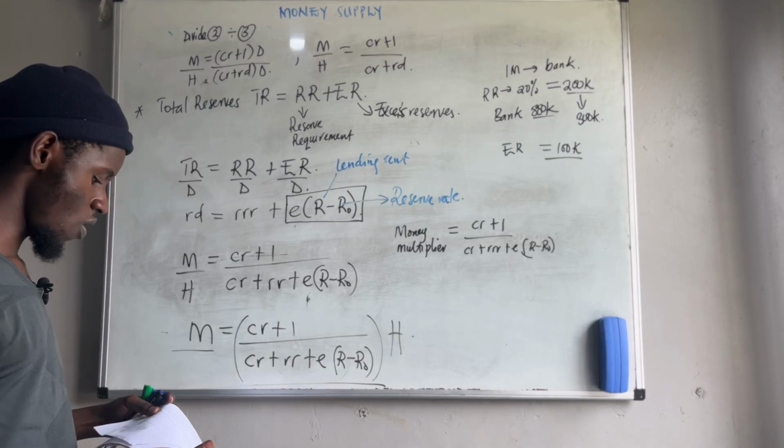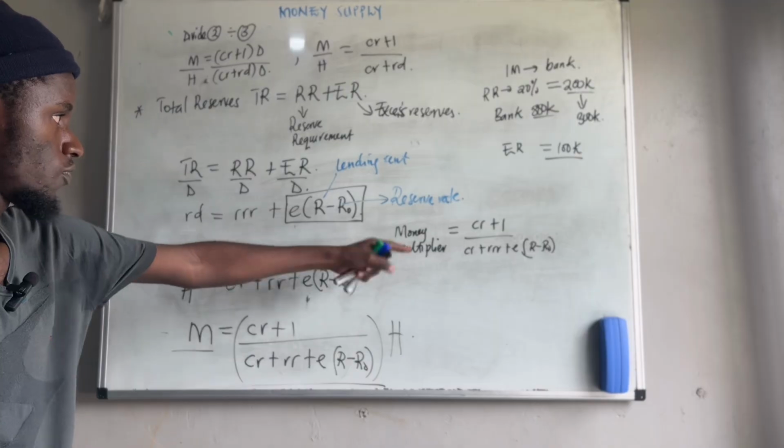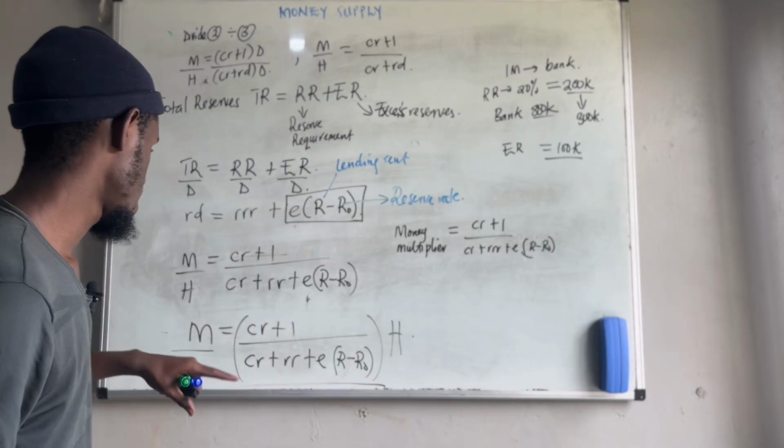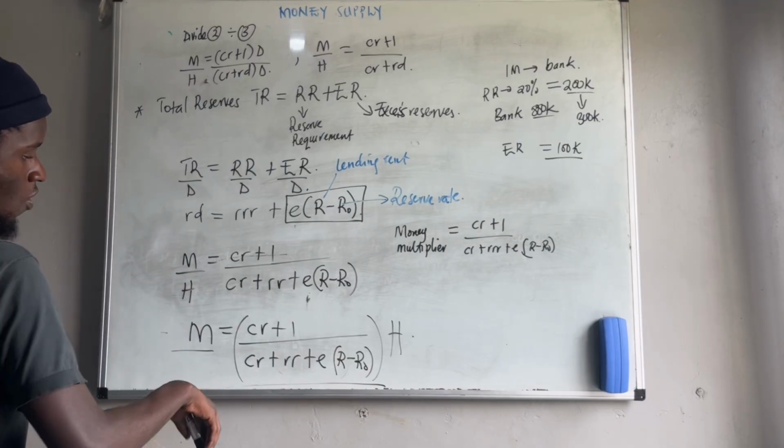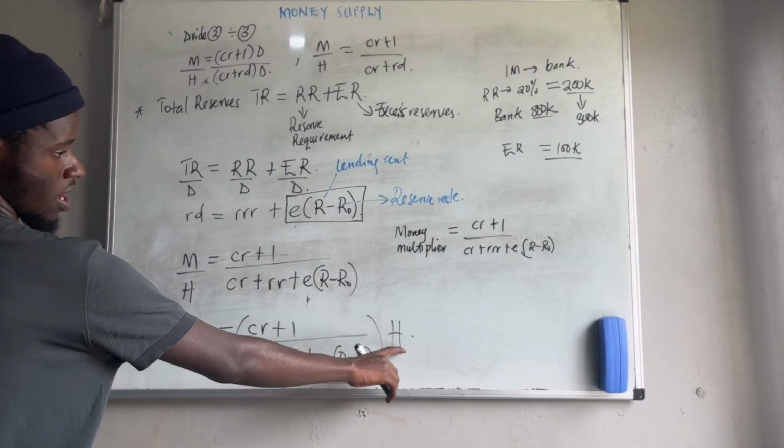Now from there, we have got the formula. This is the money multiplier, and this is the definition of the money. This is the money supply function, where money is a function of high powered money.